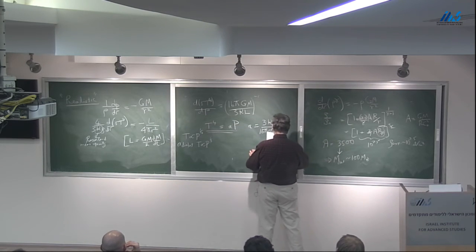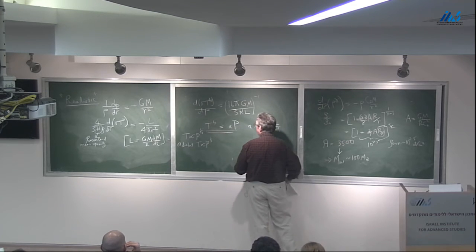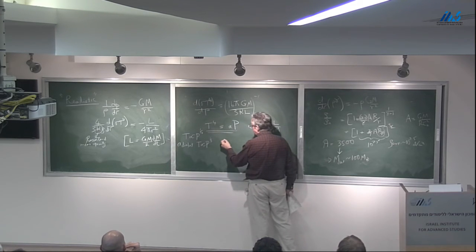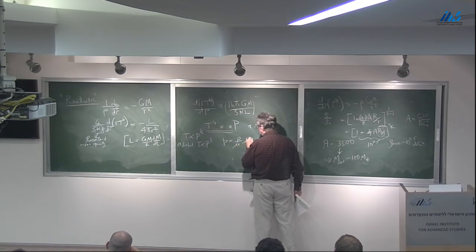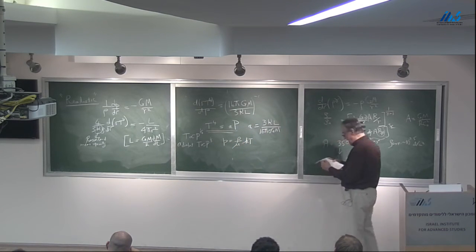Okay, now, so I've got T to the fourth scales with pressure, but of course I also have the equation for an ideal gas, which I haven't used yet, right?